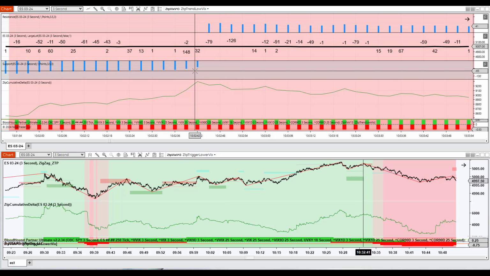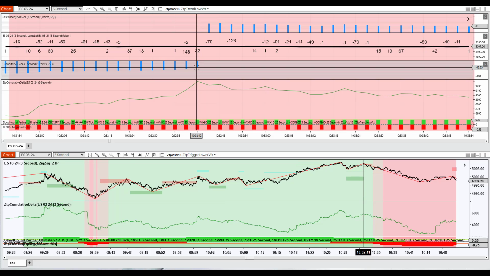In the third panel down here, we also have the KP2 ratio, but showing it as support.